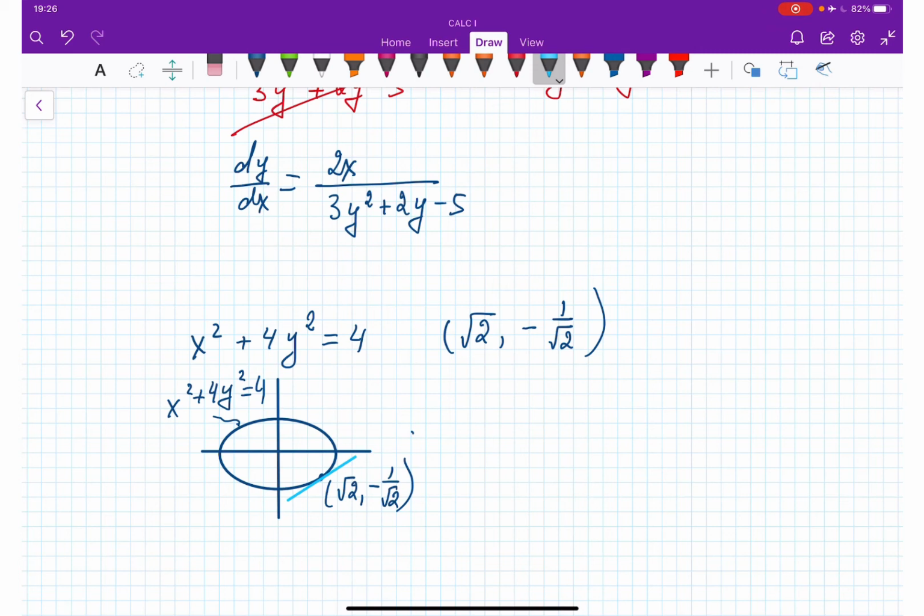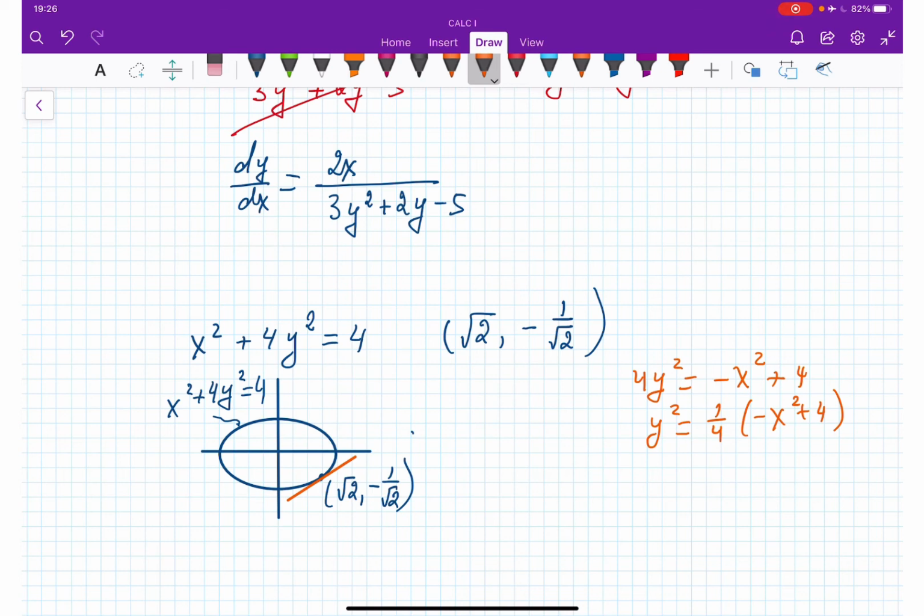Here we can do it implicitly and explicitly. Why? Explicitly, I can solve for y from here. Let's say, 4y squared is going to be equal to negative x squared plus 4, right? y squared is going to be 1/4 of negative x squared plus 4, correct?